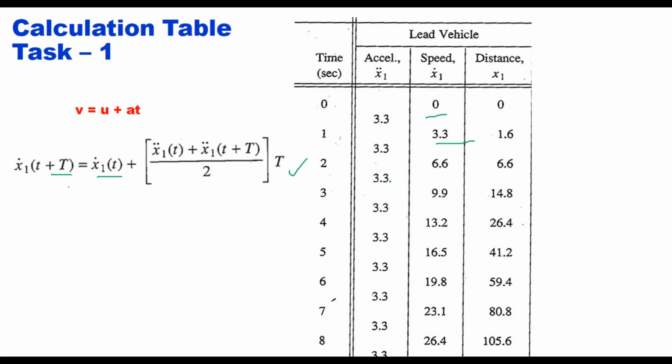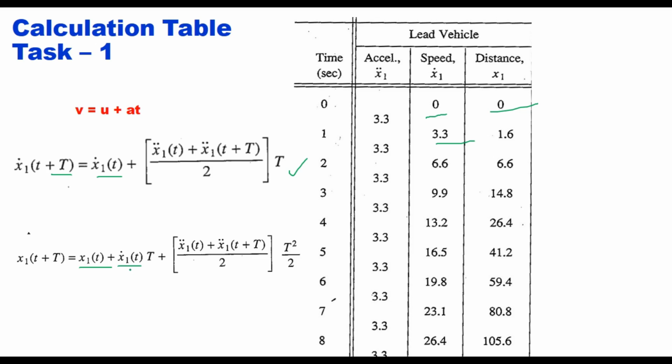Similarly for the next, every second the speed will increase by 3.3 feet per second. If you want to calculate distance, it is given by this equation: your original distance, which is 0, plus the original speed at time t, that is ut, s is equal to ut.